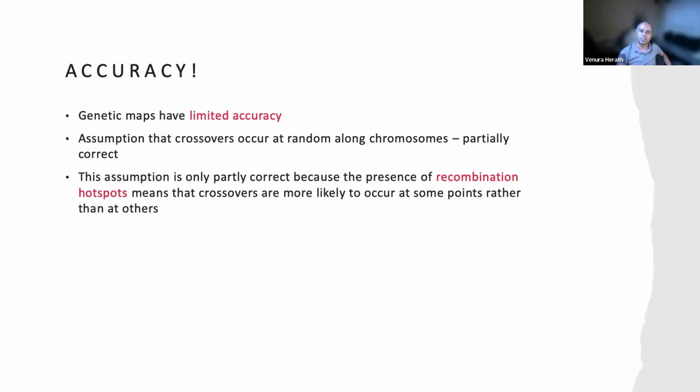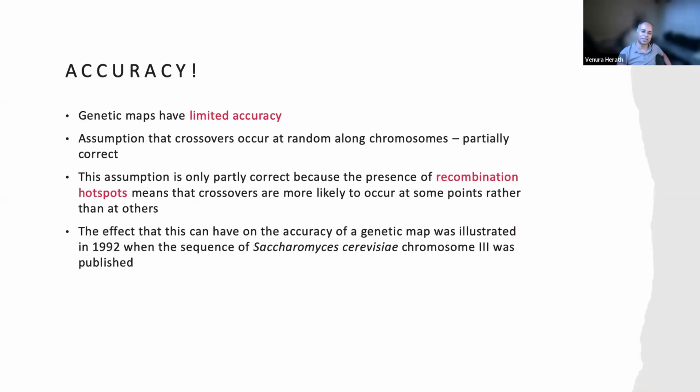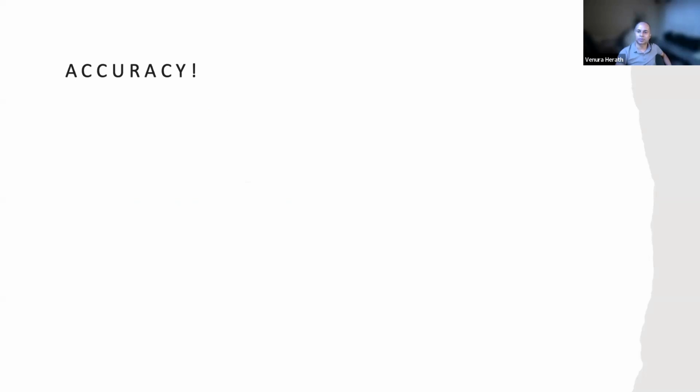And this was very evidently displayed when the genetic map of Saccharomyces cerevisiae, the brewer's yeast, was published, because there was an issue with their chromosome 3.